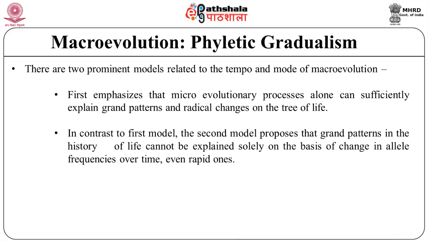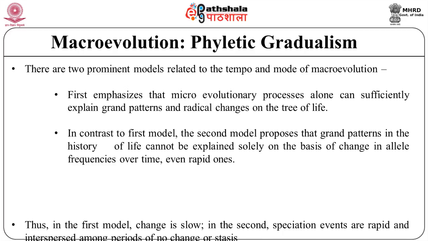In contrast to the first model, the second model proposes that the grand patterns in the history of life cannot be explained solely on the basis of change in the allele frequencies over time, even rapid ones. Instead, scientists propose that large changes on the tree of life were preceded by events that decoupled the tempo and the mode of evolutionary changes from predictable microevolutionary processes.